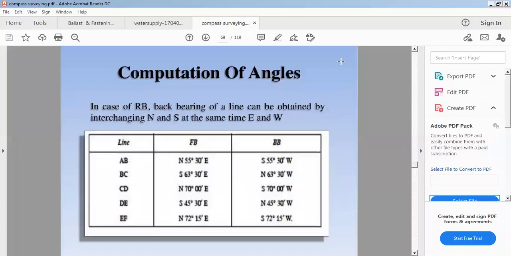So how will we change into back bearing? Atul? What will be the procedure to change forebearing into back bearing with quadrants? Atul, Nitish, sir, yes.